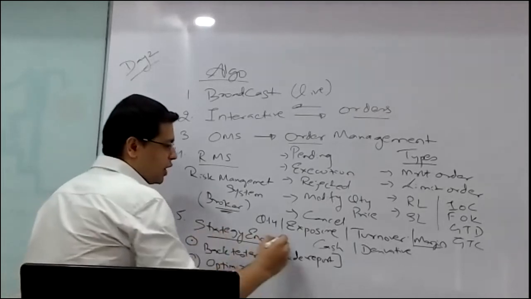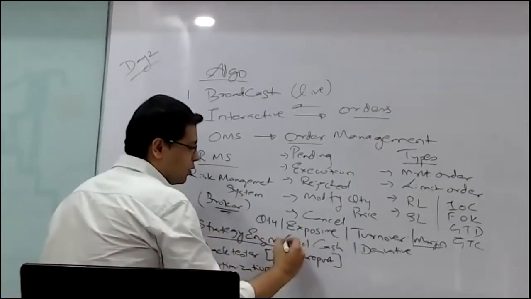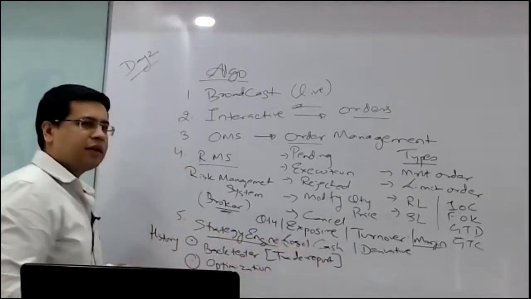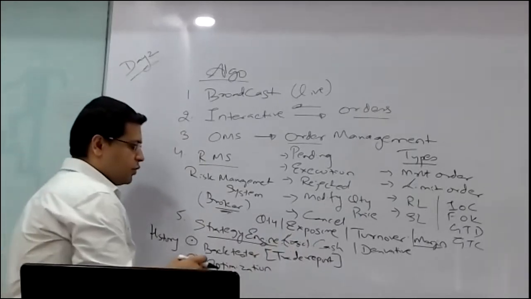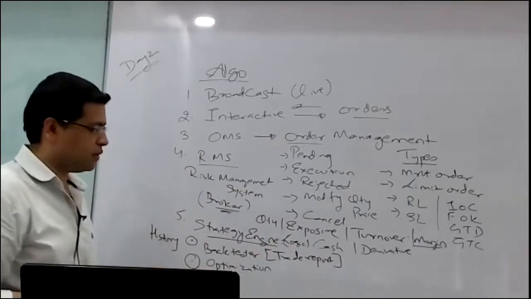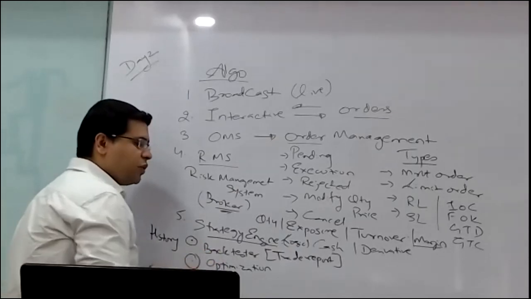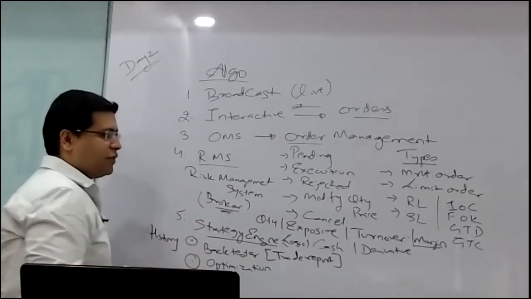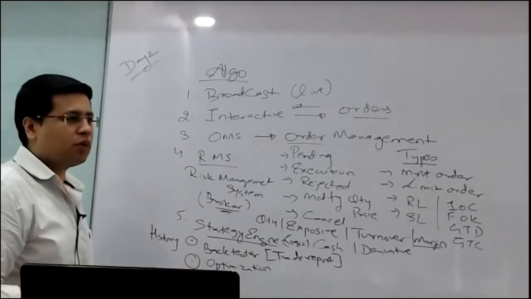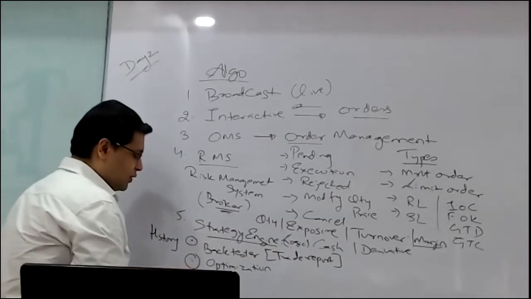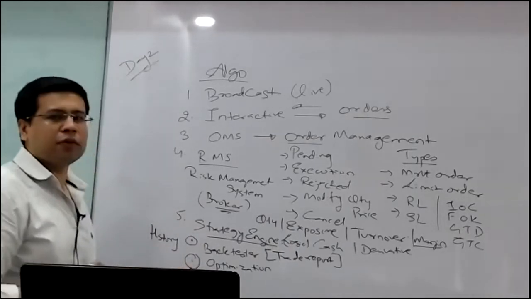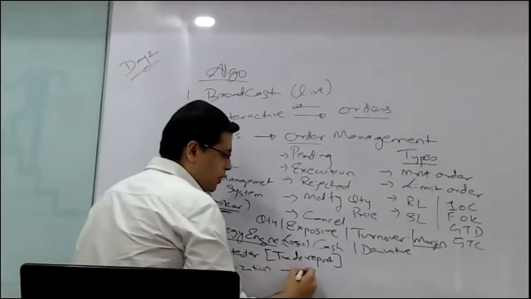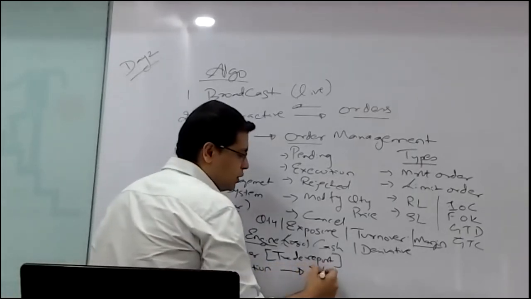Whatever logic you're trying to put, you need to have a backtester and you also need to do the optimization. Once you are done with these two and you think the strategy that you have designed works well, you want to go live. Before that, there is one more step. After optimization, you need to do simulation.